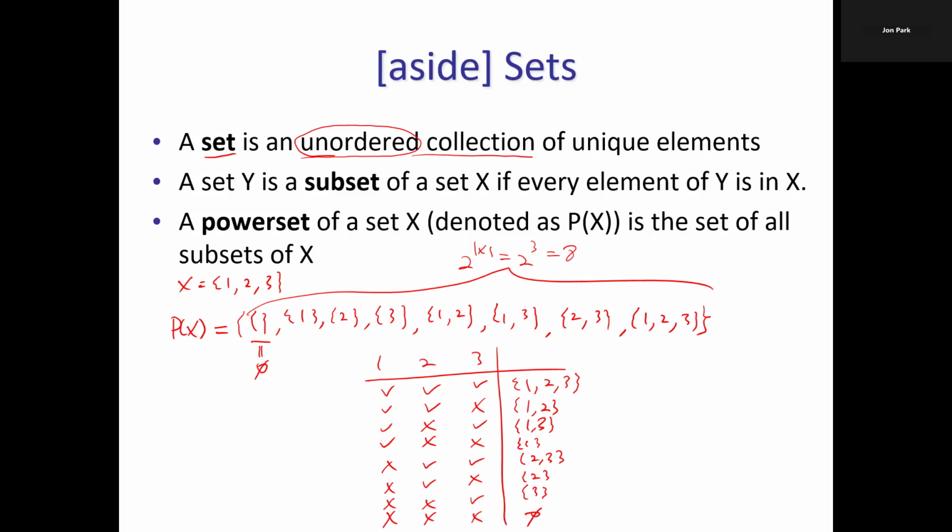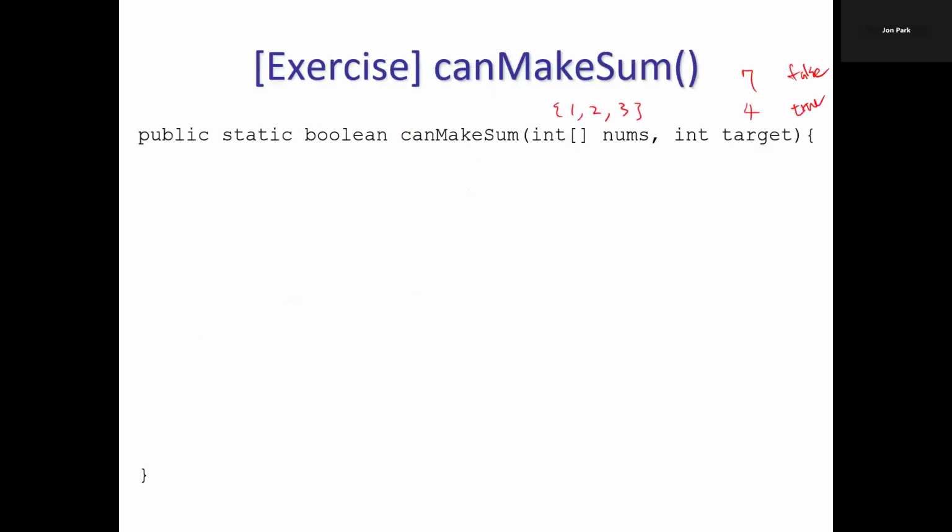Okay. So as we start the recursive call, we're going to go through each element. And for each element, we're going to make 2 recursive calls, including and not including. Okay, then we'll have total of 8 base cases, each of which represents a subset.